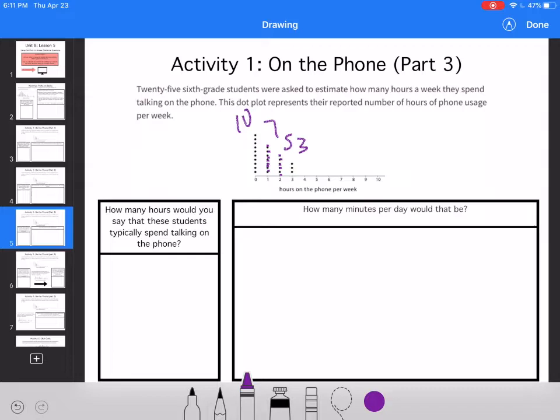So if I was looking at the heights of the bars or the number of dots that we have, I would say it's somewhere in the ballpark of one-ish hours. So maybe 1 to 2 hours. Remember, you're trying to give a best guess based on your understanding. So I'm going to say 1 hour because that's about half of the data. So how many minutes per day would that be? So that's 60 minutes per day.